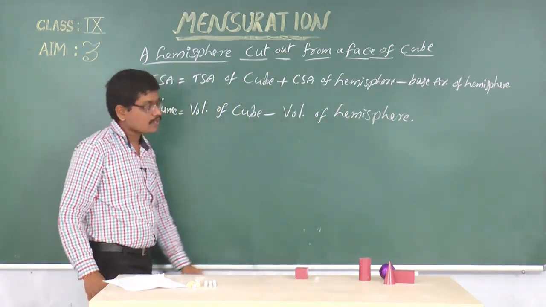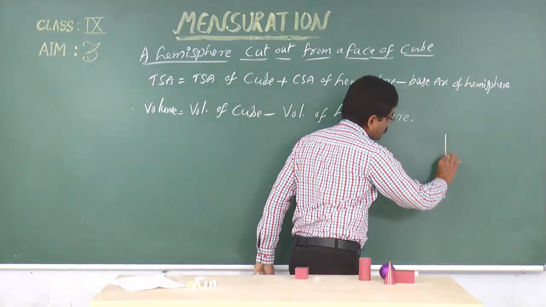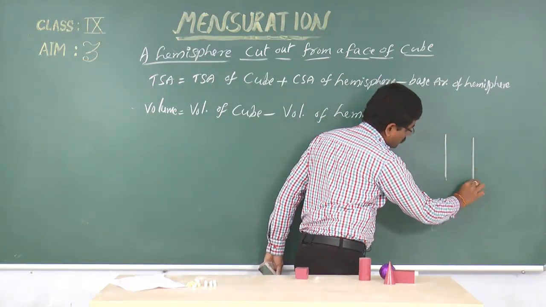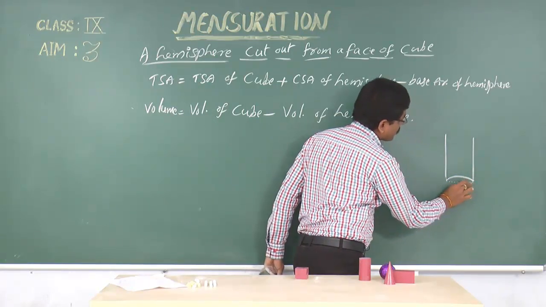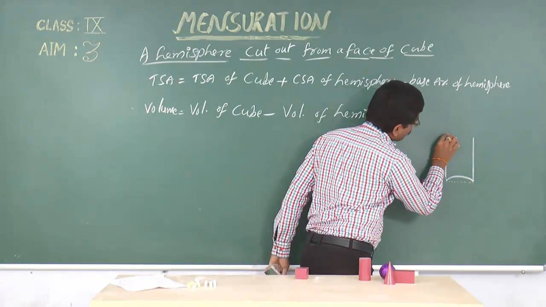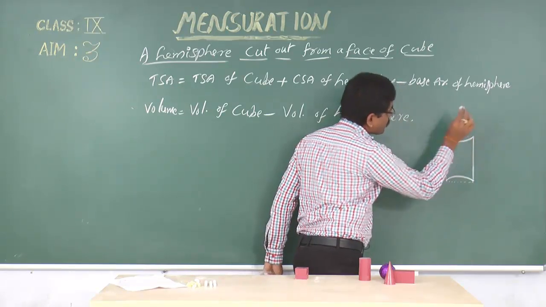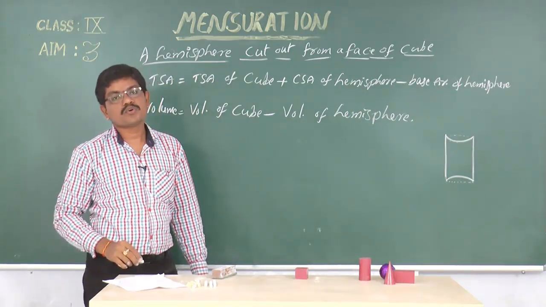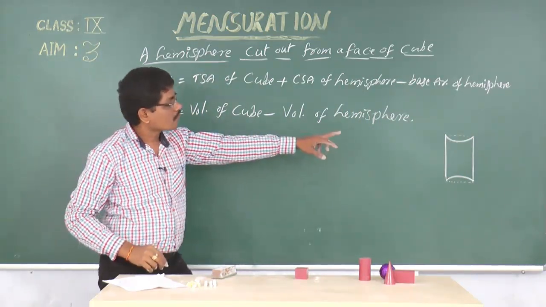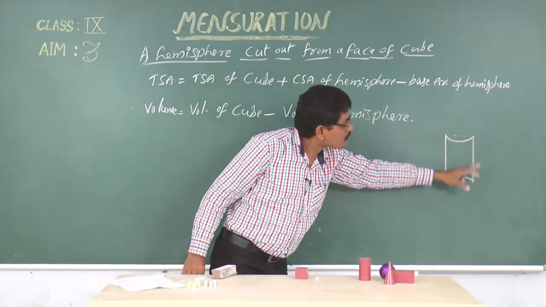And next one is from a cylinder we are scooping two hemispheres from both sides. From a cylinder we are scooping two hemispheres on both sides.